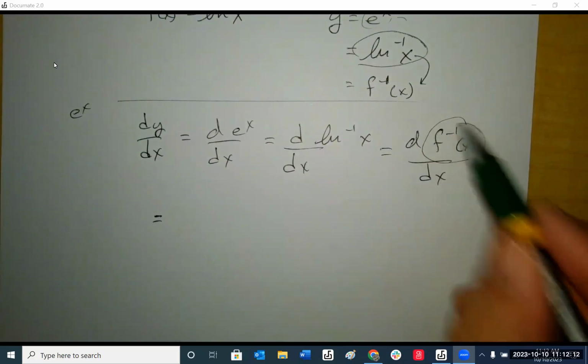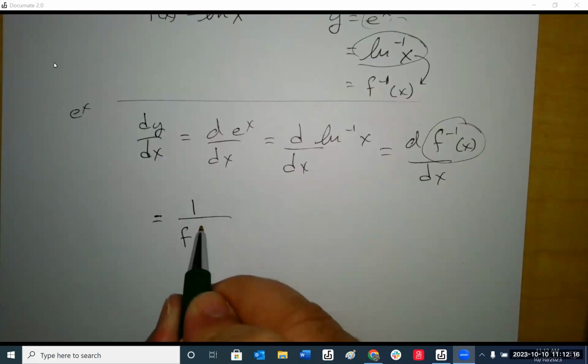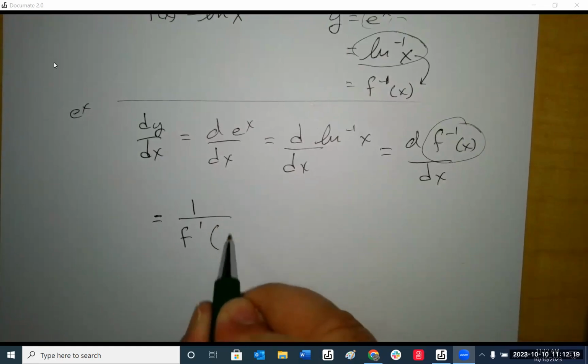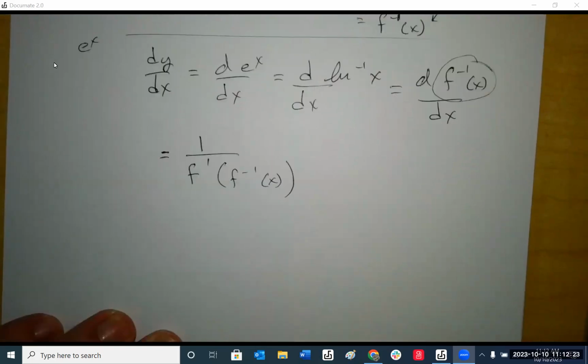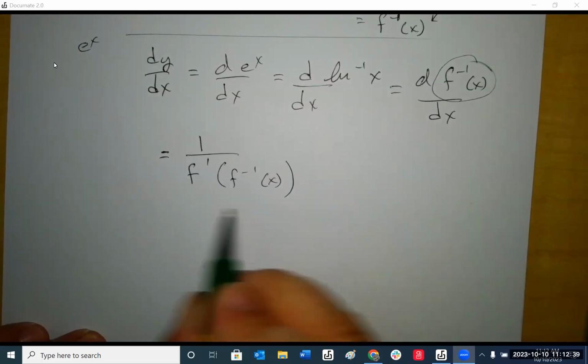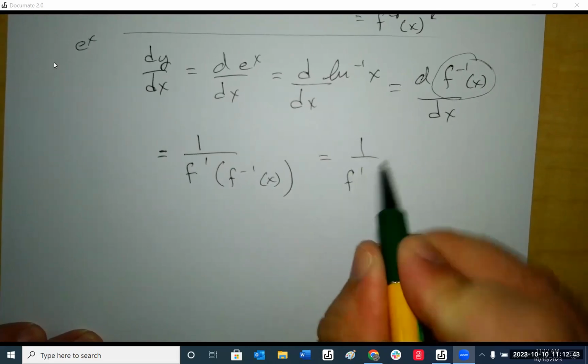Now, what this one equals is 1 over f prime of f inverse. We did that earlier in chapter 5, remember? So we have 1 over f prime.